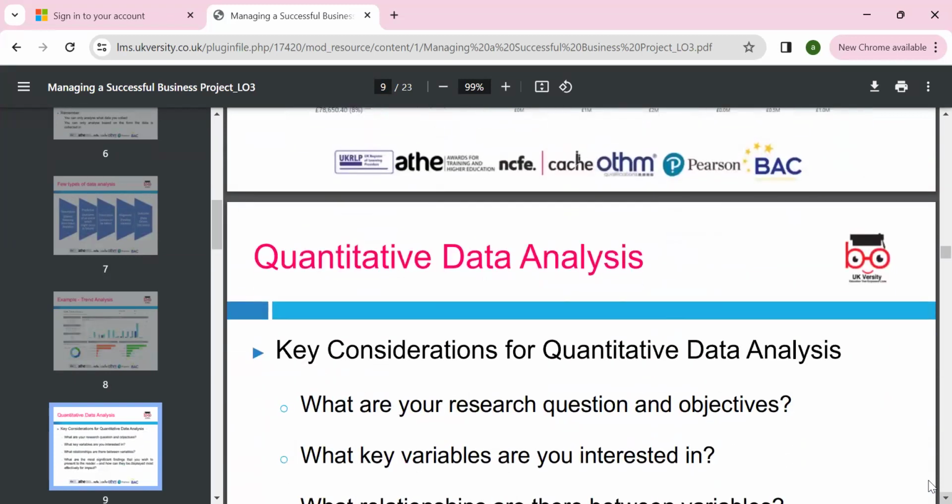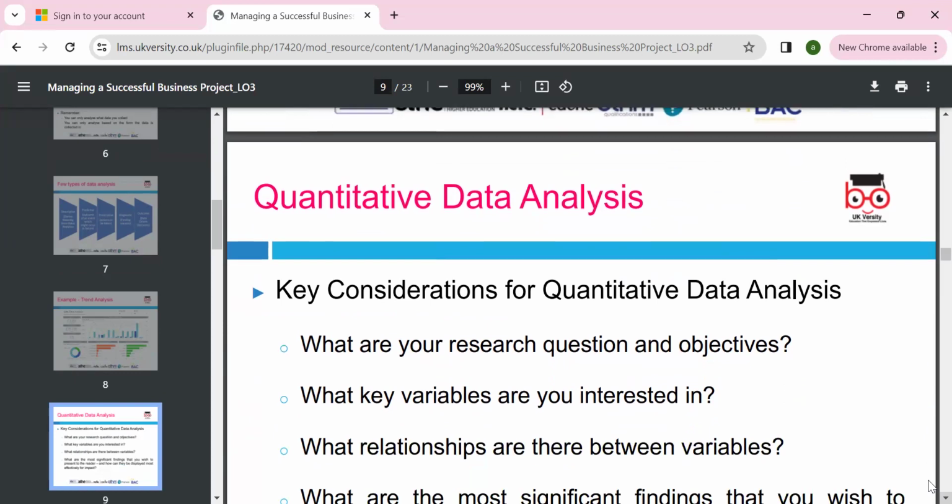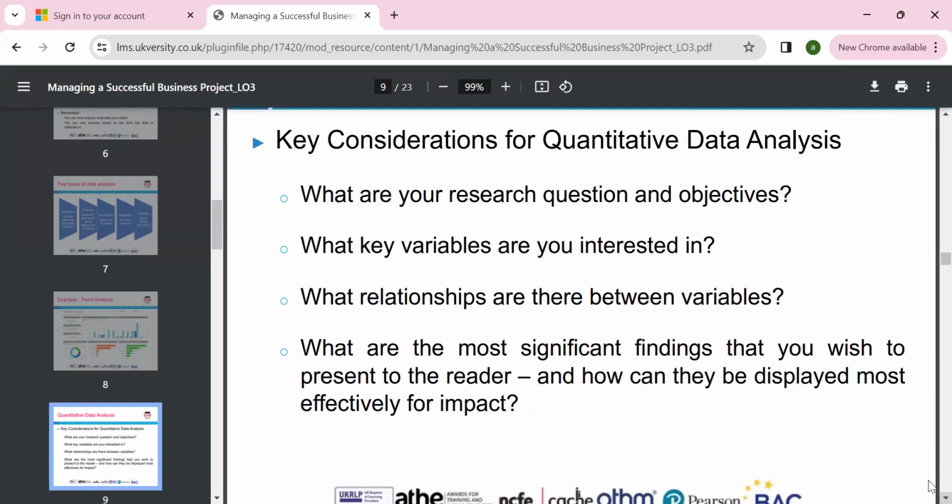Quantitative data, the key considerations for quantitative data analysis. What are the research questions and objectives? What key variables are you interested in? What are the relationships between variables? What are the most significant findings that you wish to present to readers, and how can you display them for the most effective impact?